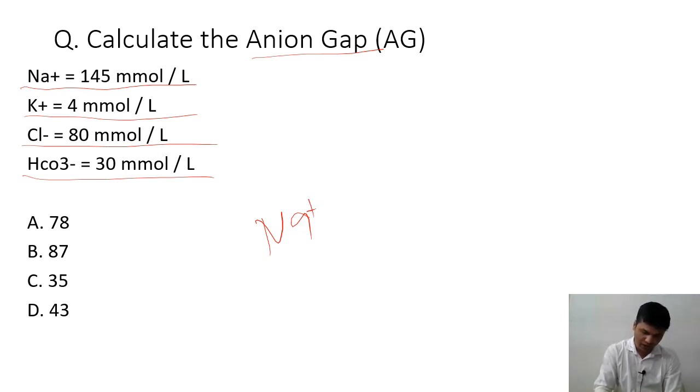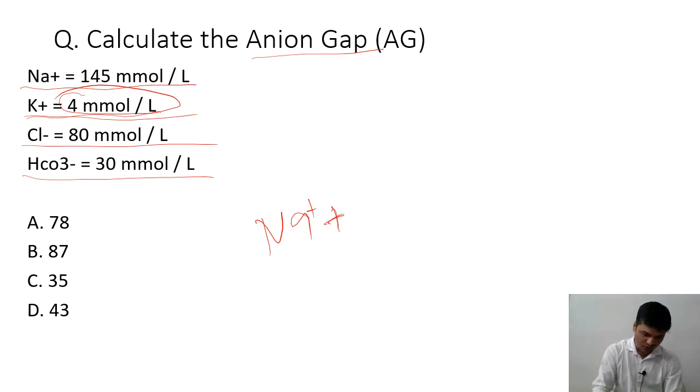Usually extracellular potassium is very low, so sometimes potassium is given in the options. If it is in the option, then you can add it, and if not, then there is no need to add.